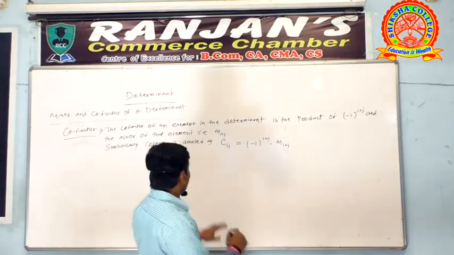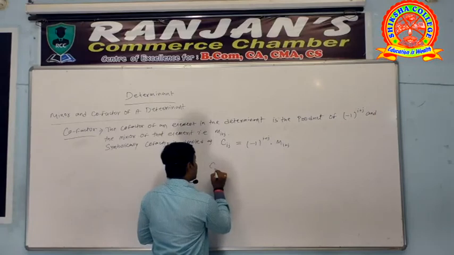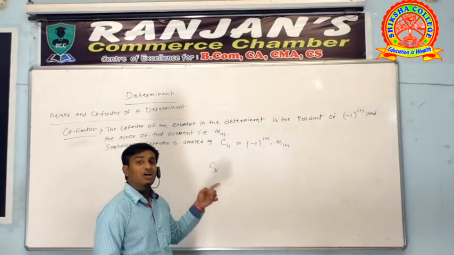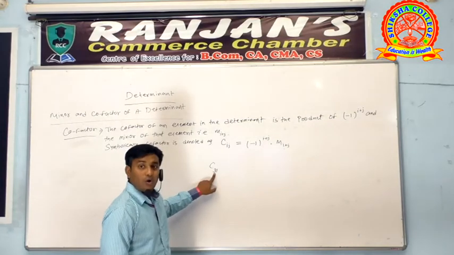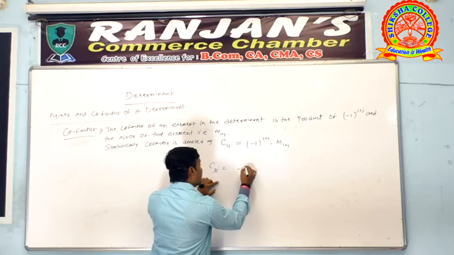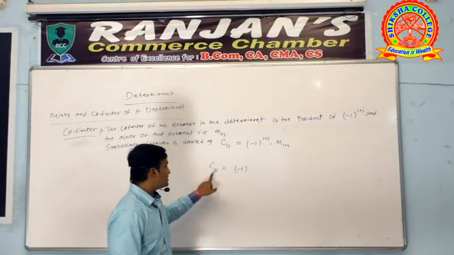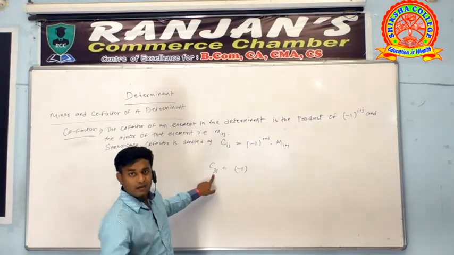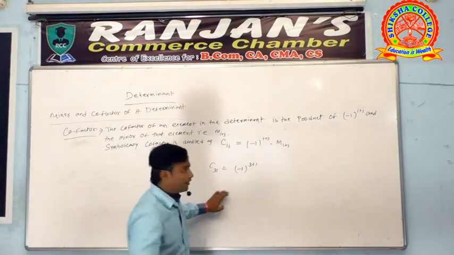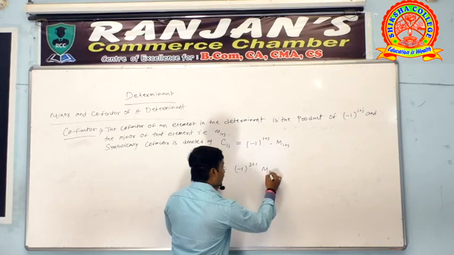For example, if we are going to find the cofactor of 3, 1, that means the cofactor of the element of row 3 column 1, that is simply minus 1 to the power, here i means 3 and j means 1, row 3 column 1, times M 3 1.